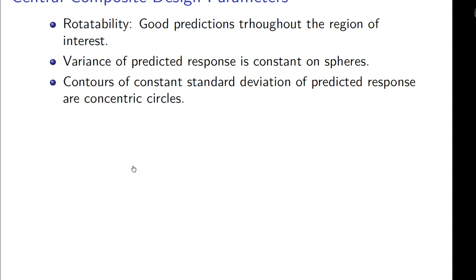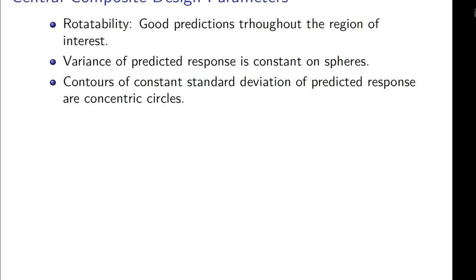You can form contours or lines through this space of the predicted response. It'll turn out that these are concentric circles, and you'll see where that's used in just a few minutes as a diagnostic tool, much in the same way that we had other tools for model adequacy checking.